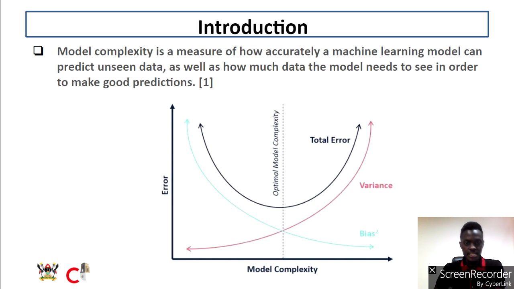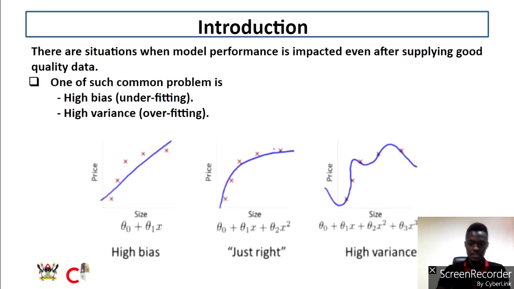Predicting unseen data is to control overfitting, and how much data the model needs to see in order to make good predictions is to control underfitting. So the optimal model complexity is that middle line with dots, and then we have to look at the total error as well, which is the sum of bias and variance plus the irreducible error.